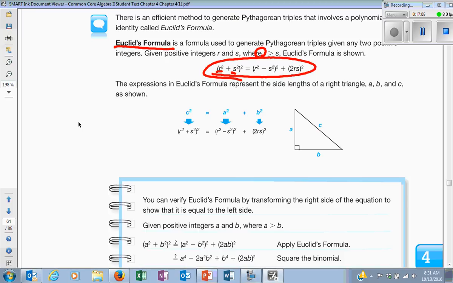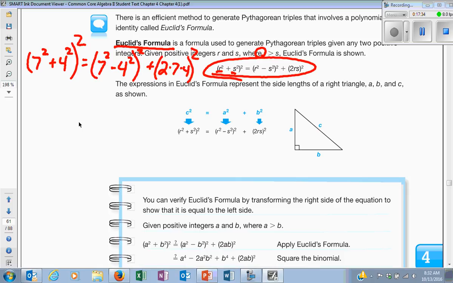So I'm going to do 7 squared plus 4 squared, squared, equals 7 squared minus 4 squared, squared, plus 2 times 7 times 4, squared. Everybody see where I got all those numbers from?